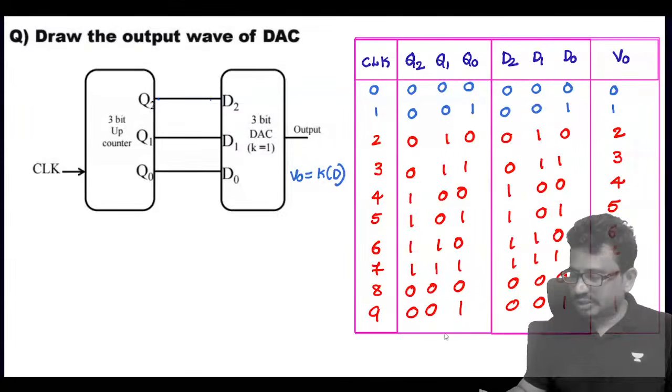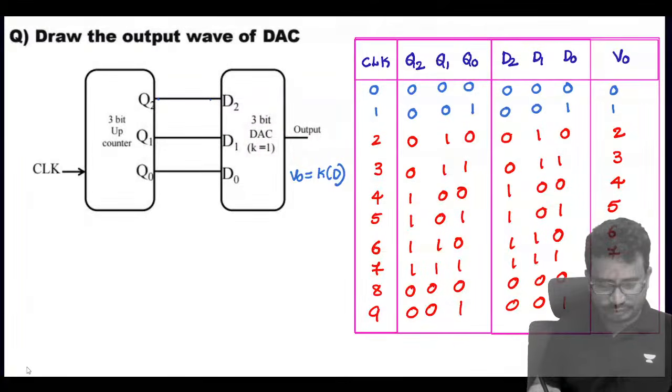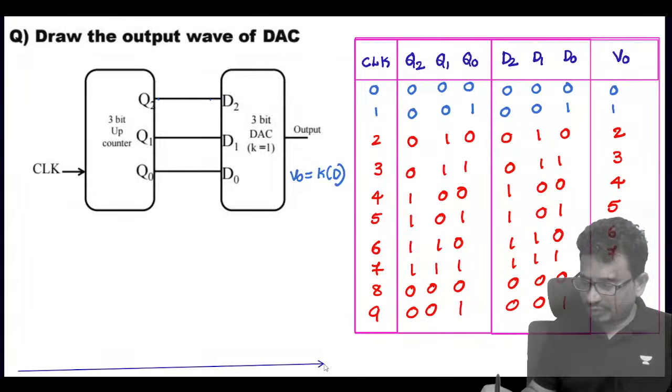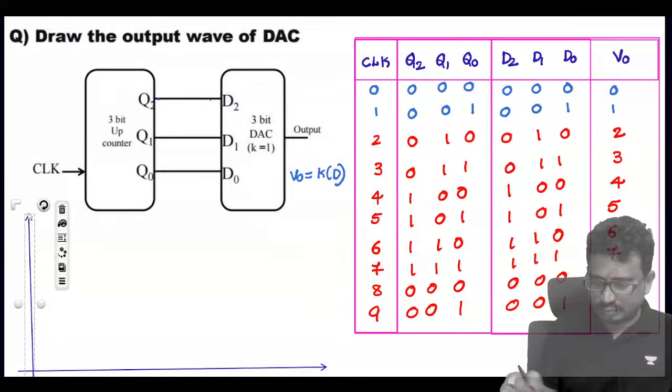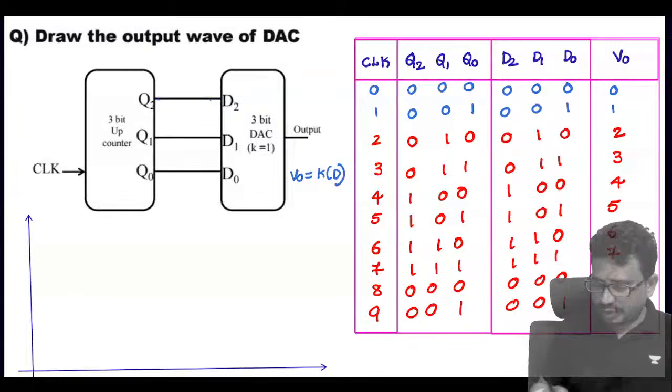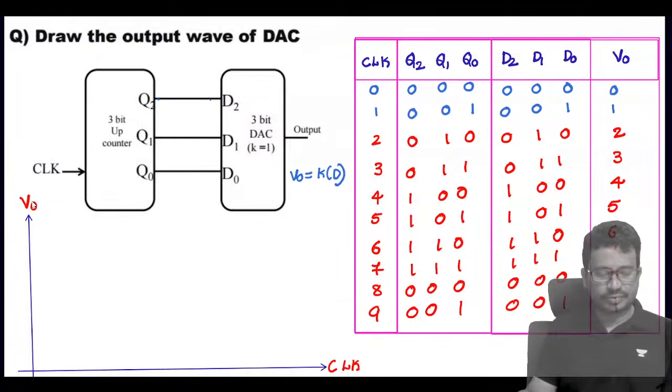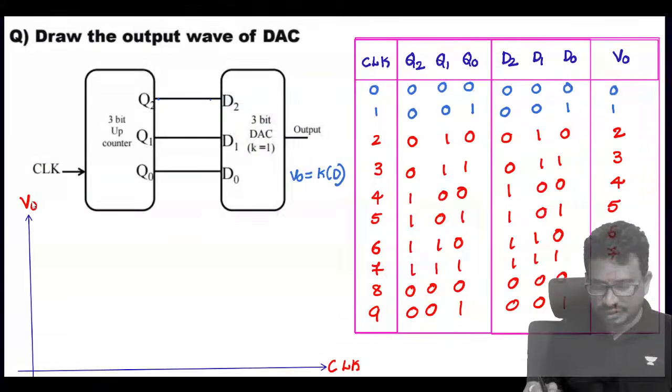So you can see it now. If you draw this waveform, we have taken the clock on the x-axis and the output on the y-axis. Now you can see the first clock, so this is 0. Next we have 1, next 2, next 3.